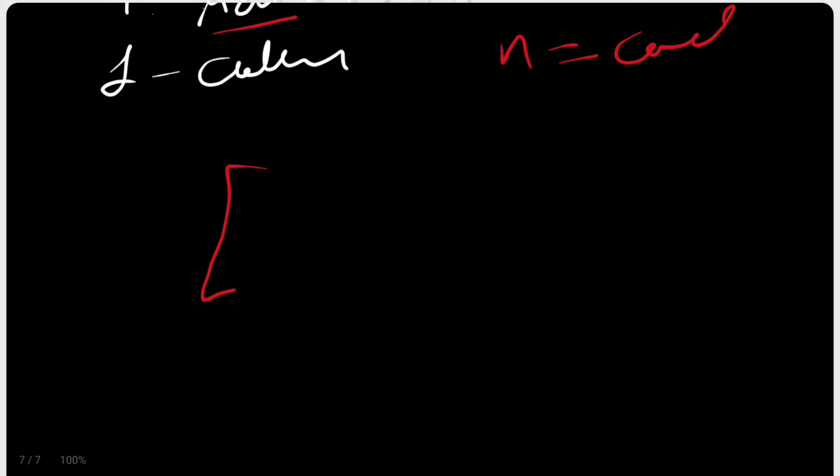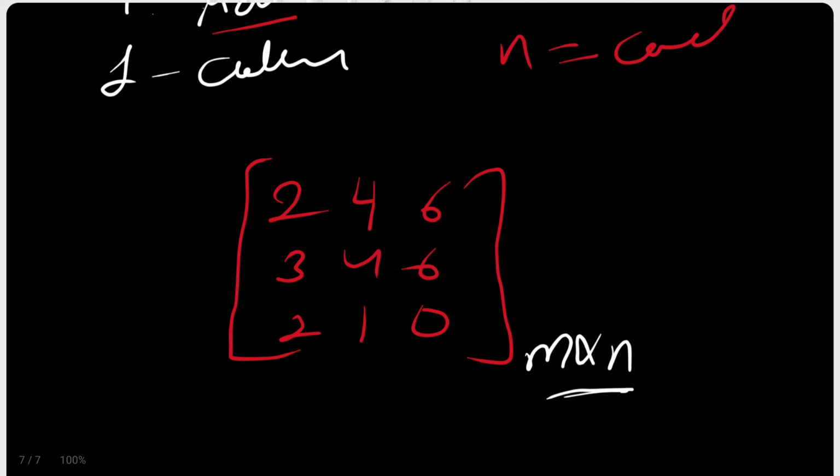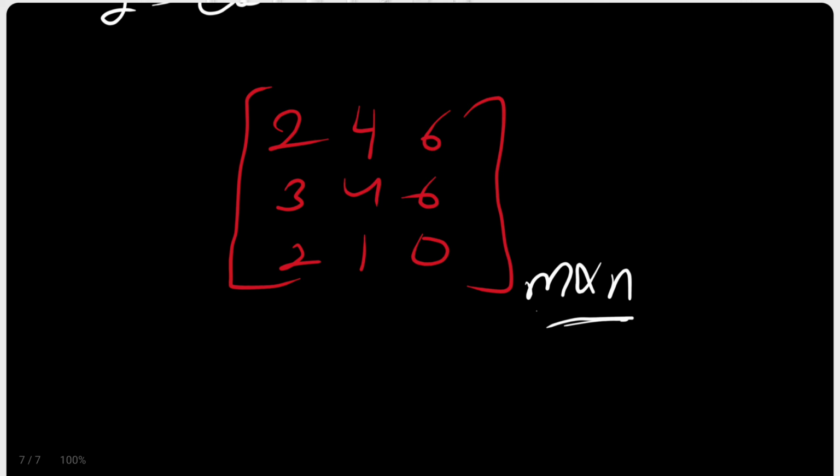Suppose this is the matrix 2 4 3, 3 4 6, 2 1 0. I am asking, in this one, how many rows? This is an m cross n matrix. m means rows, n means columns.